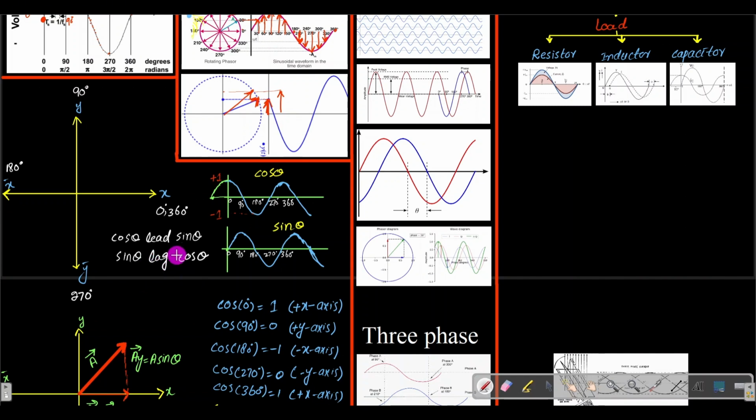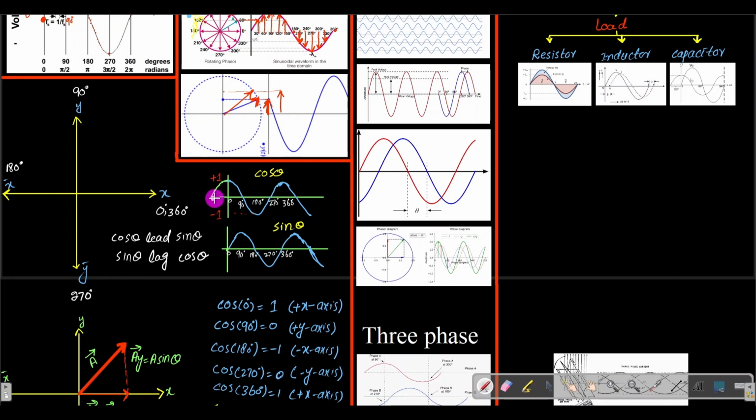Lag means that it is behind, so sine theta is behind the cos theta, and cos theta exceeds the sine theta. Here this is at 0 position before that sine theta, okay. So here is the difference between the phases, okay.